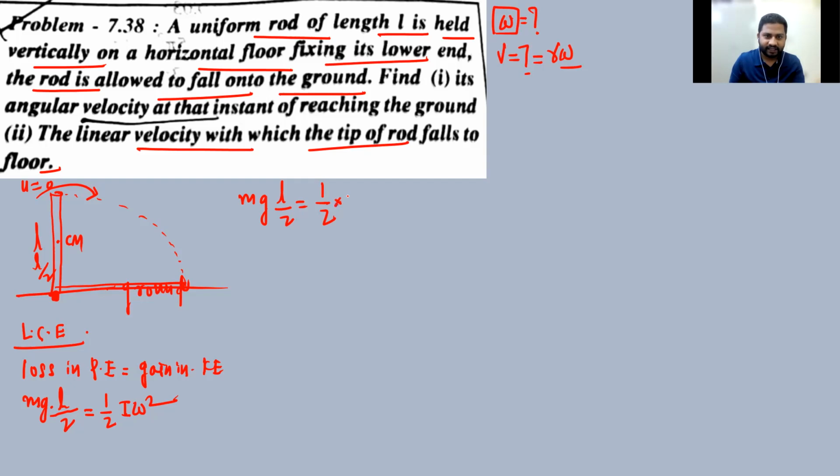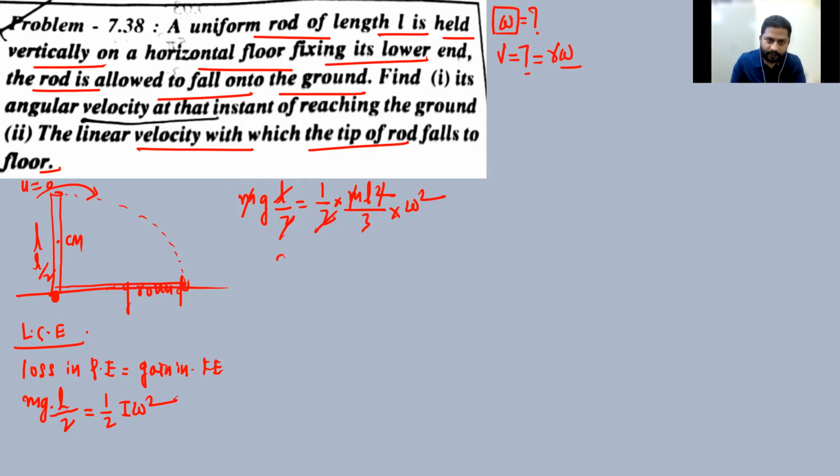Will you agree with this? So mL square by 3, when the rod is fixed at one end, into omega square. That omega square we are going to find out. So one m and one L cancel. 2 also cancels. Right?